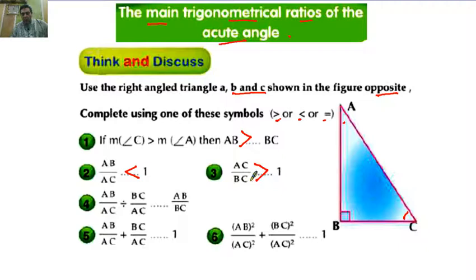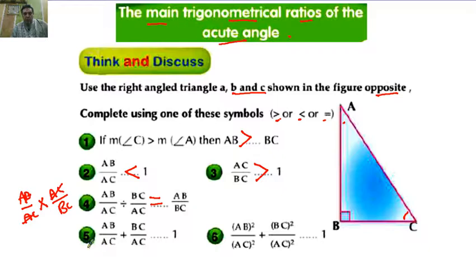AB over AC divided by BC over AC: by multiplying by the reciprocal, AB over AC times AC over BC. Cancel AC with AC, then we get AB over BC.